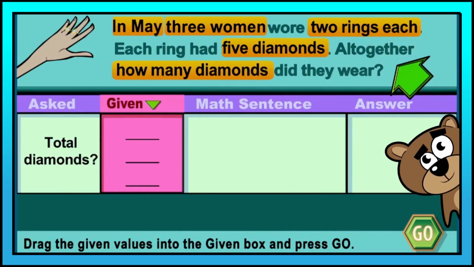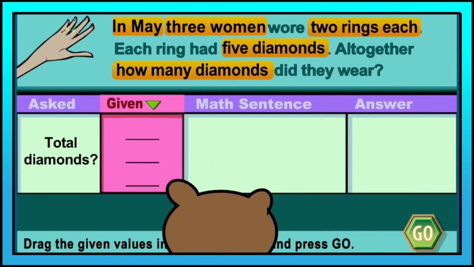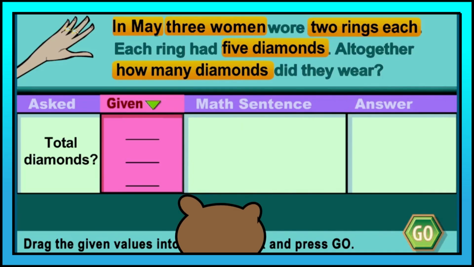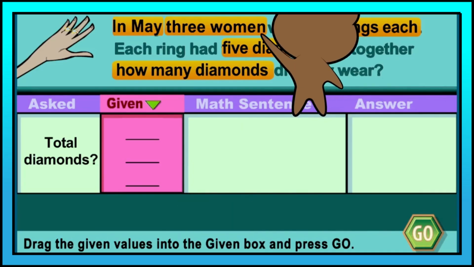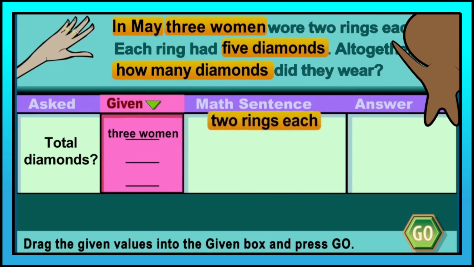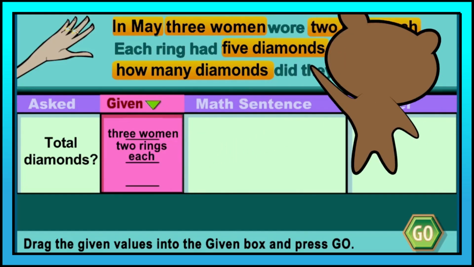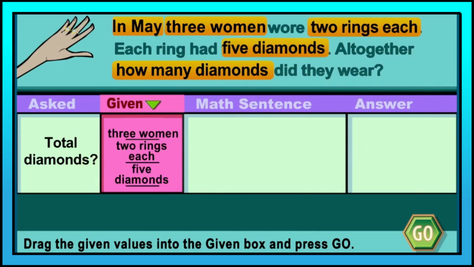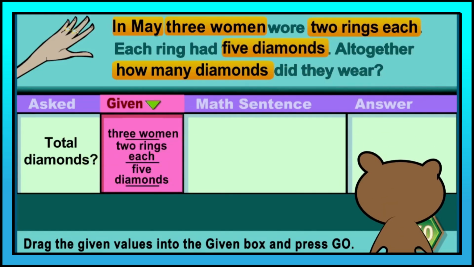Now, move any values that are given to you in the problem into the given box and press go. First this one, then this one, and finally this one. Yeah, this looks right.